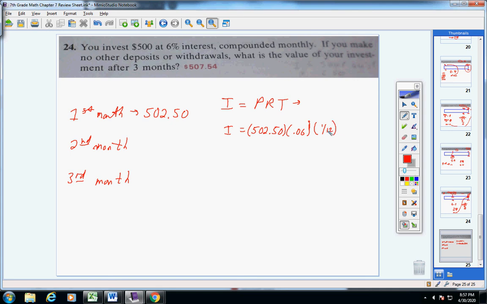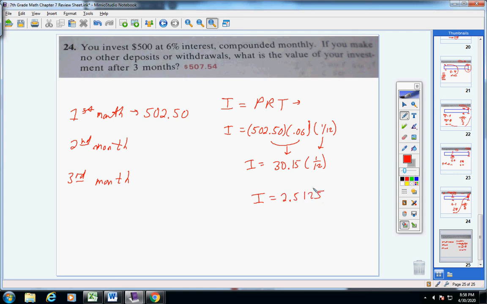So 502.50 times 0.06 will give you this. No, that can't be right. Yeah, that's right. Multiply these two numbers together and you will get 30.15. All right. Bring down your 1/12. And now take 30.15 times 1/12 and you'll get, well, you'll actually get this, 2.5125.